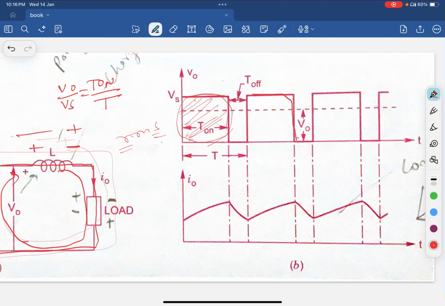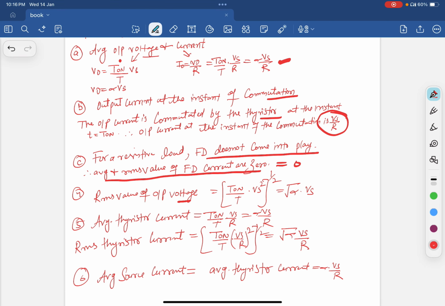So the RMS value of the output voltage is the square root of T on into the supply voltage Vs whole square, upon T, the time period. So we will get the square root of alpha into Vs.